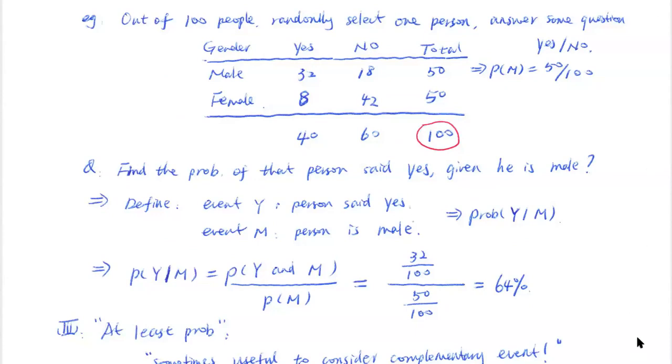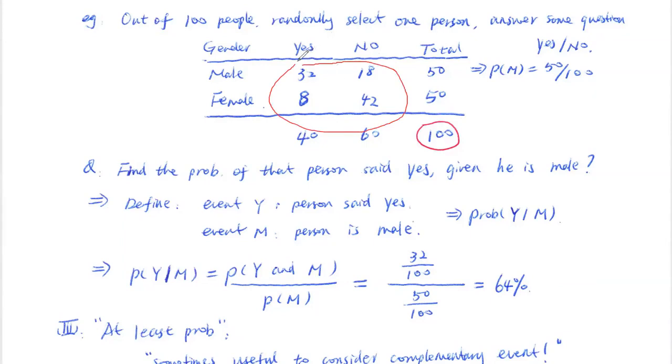In this question, we are given information about 100 people. Out of these 100 people, we are asking some yes or no question. From the respondents, the table we are given is usually a 2x2 table like this. How do we understand that?